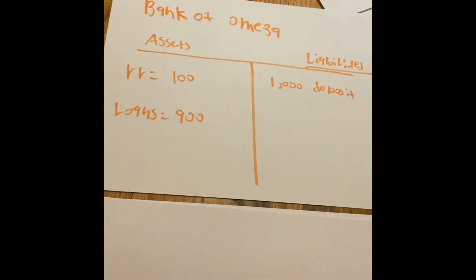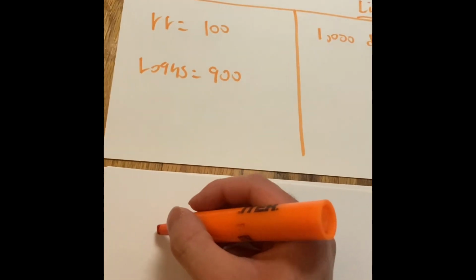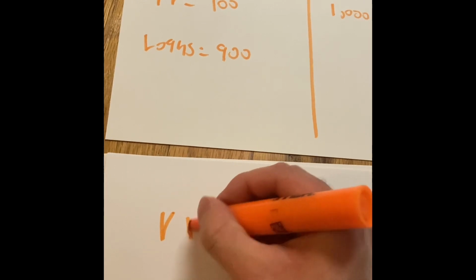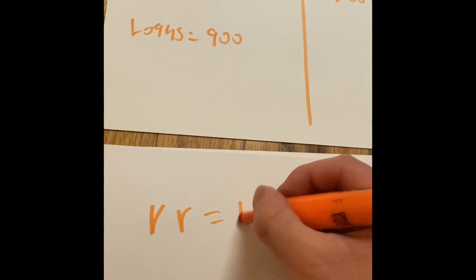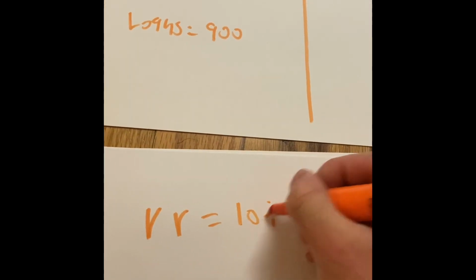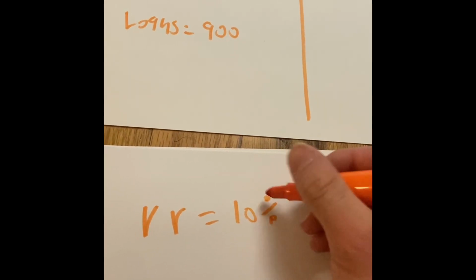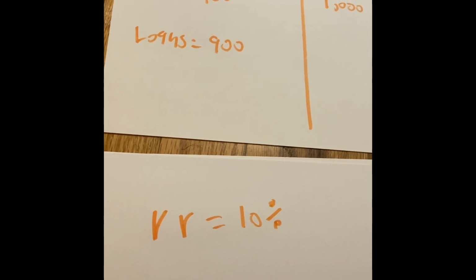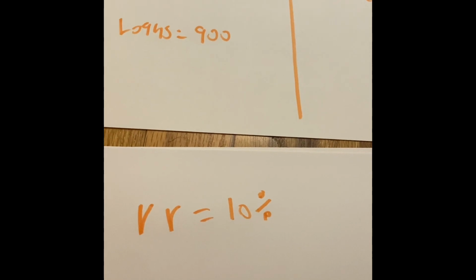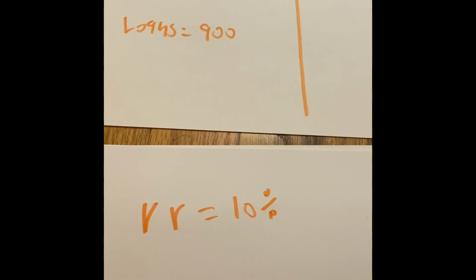If we do the math, the reserve rate, or reserve ratio, is going to be 10%, which means all banks at that time have to have 10% of their assets left at the end of the day.